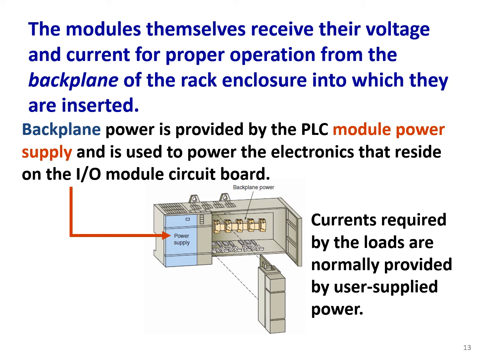The back plane power is provided by the PLC module power supply and is used to power the electronics that reside on the I/O module circuit board. Currents required by the loads are normally provided by user-supplied power.